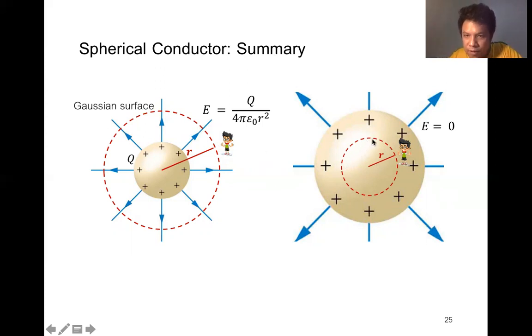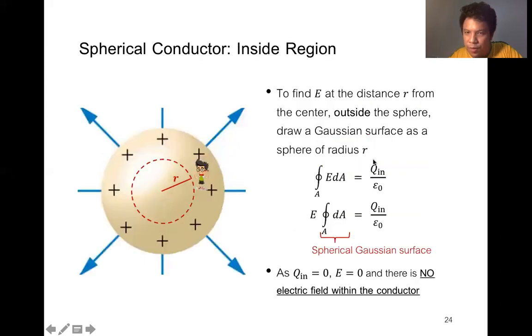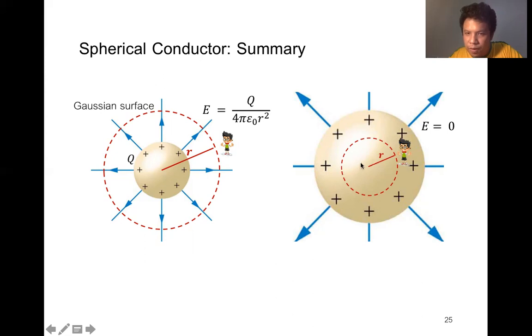But if I place the Gaussian surface inside the conductor, the Q inside, from Gauss's law, is 0. So that leads to zero electric field.